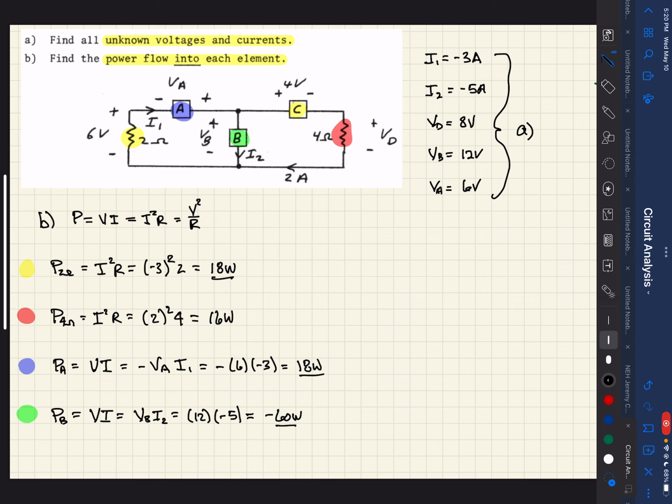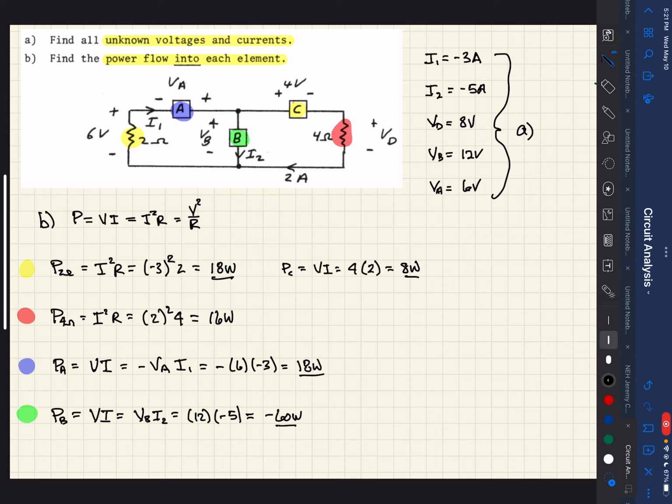So we've got PC, and in this case, we know the voltage and we know the current. So again, we'll utilize that. The voltage was 4 volts, and the current is 2 amps. That's a given, and so that's 8 watts. So there's the power flow through all of these.